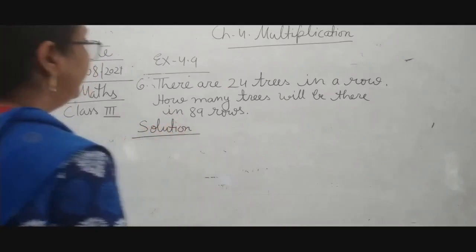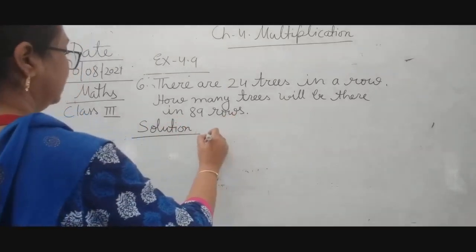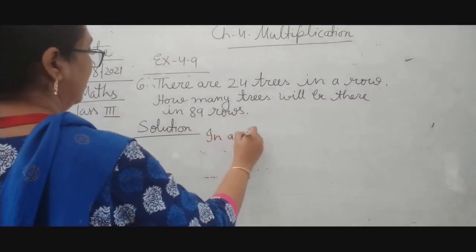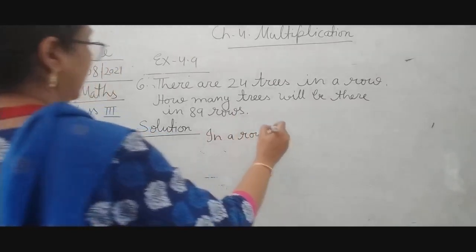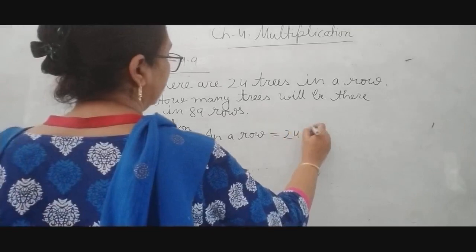First of all, we will write in a row 24 trees.